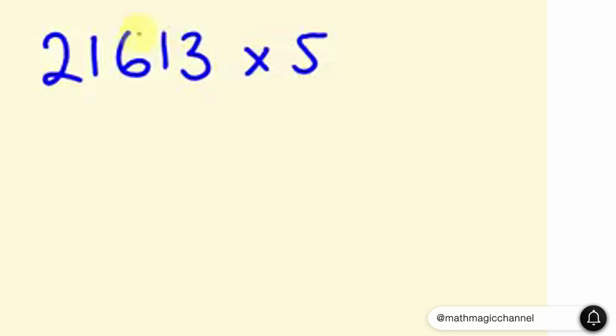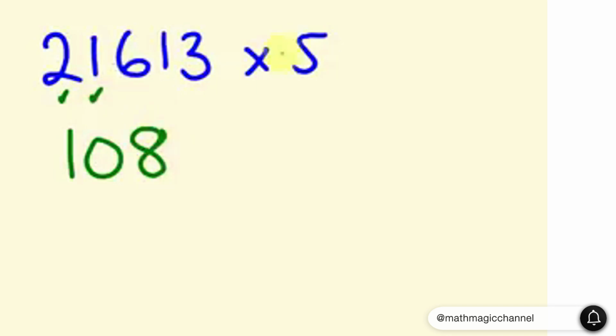Now we look at 1 times 5, no pre-carry, so I can put down my 10. I'll put a little tick there to show that's where I've done it. 1 times 5 is going to be 5, and I'm going to have to pre-carry: 6 times 5 is 30, so I'm going to have to pre-carry 3. So 1 times 5 is 5 plus 3 is going to be 8.